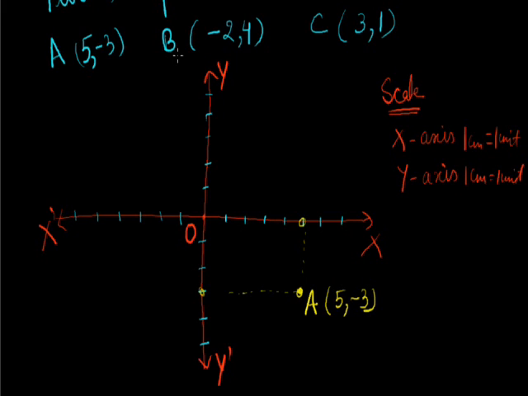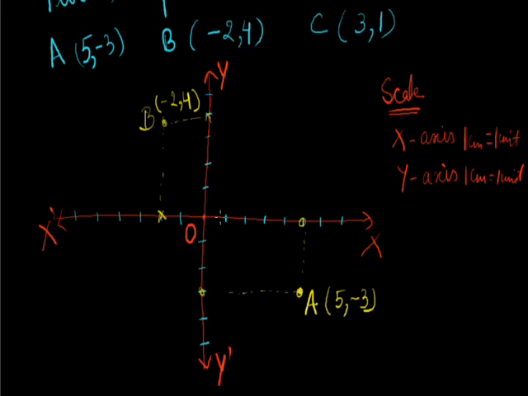Similarly, to plot the point B, we have that the x coordinate is minus 2. So it is minus 2. Y coordinate is plus 4. 1, 2, 3 and 4. And for plotting the points, draw the perpendicular lines, and the final point is B, whose coordinates are minus 2 and 4.